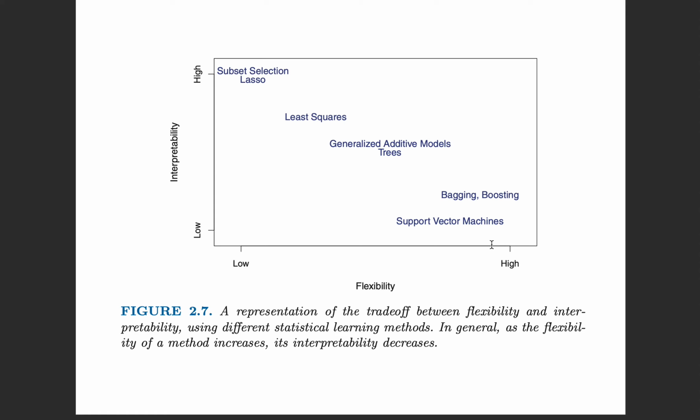But at a very broad level, with linear regression you get the coefficients, the betas, and you can easily make interpretations based on that. So this is a nice trade-off: flexibility reduces interpretability.